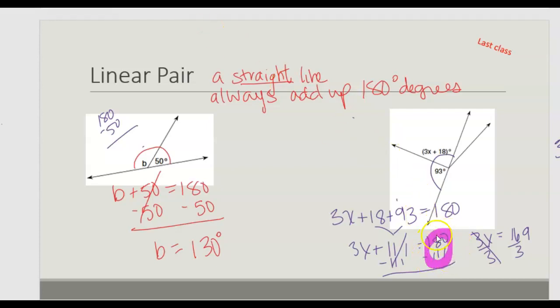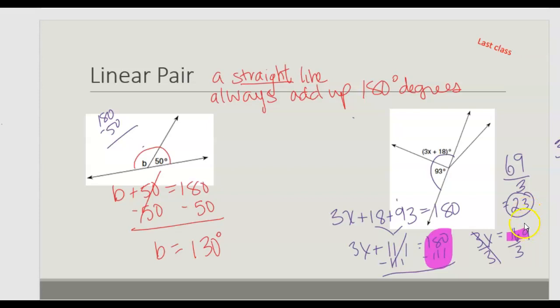See right here? 180 minus 111. That is not 169. 180 minus 111 is just 69. Right? Divided by 3. That does go in evenly. And we get 23. So x is 23.